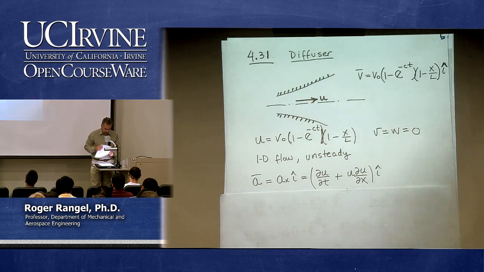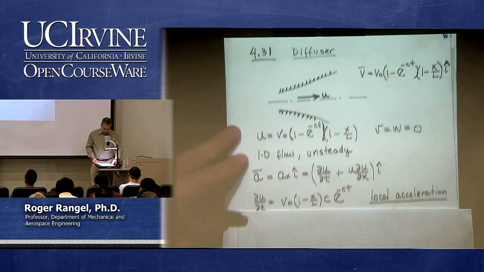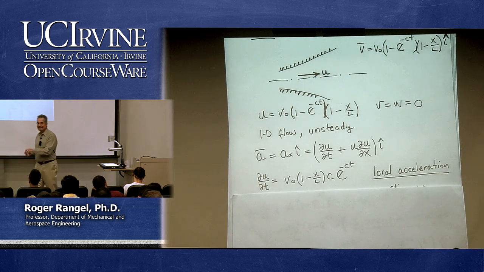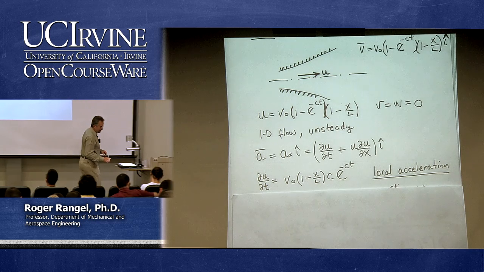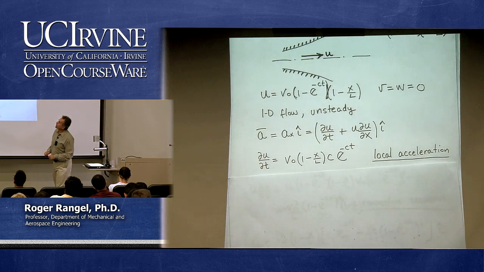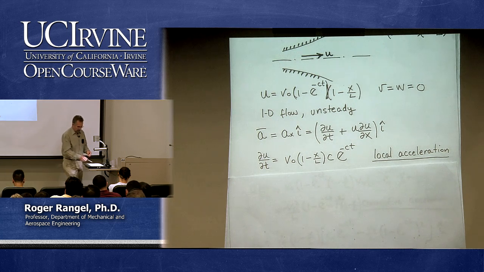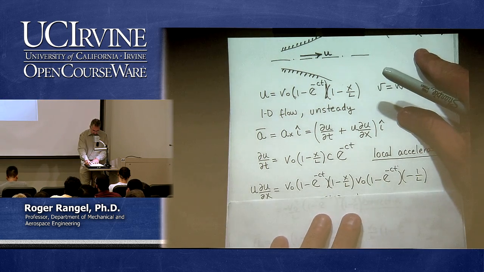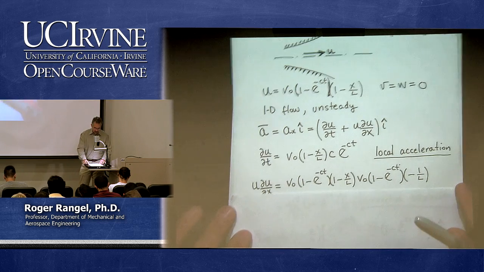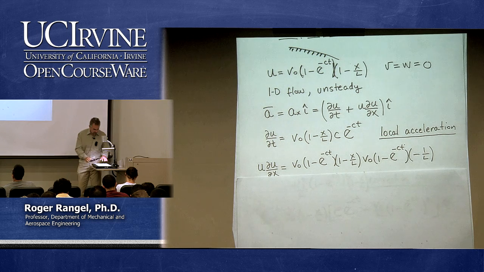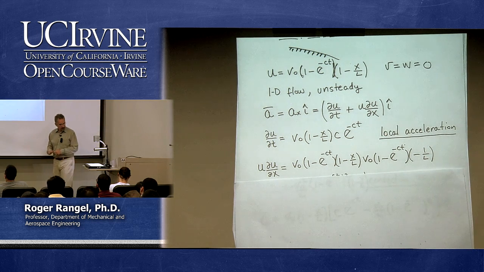So when I write my acceleration, all I have is those two components. The local acceleration is partial u, partial t, simply differentiating that in time, which I calculated here. And then the convective acceleration, which again is only one term, is the product of u times du dx.